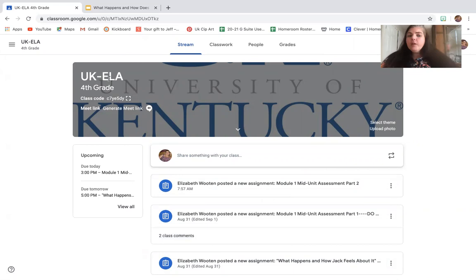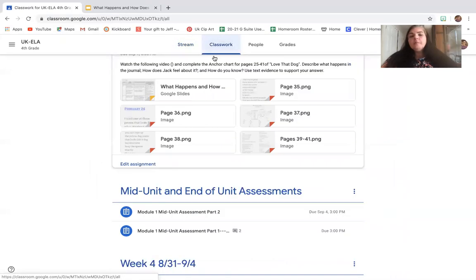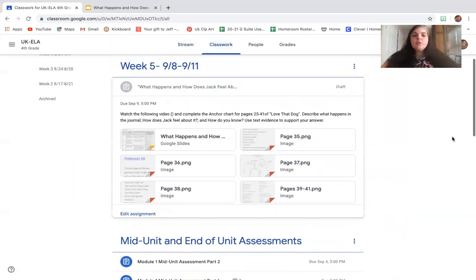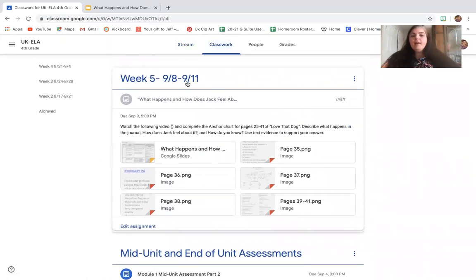So here is your ELA class. Now, you may not be UK, you may be LOC, Howard, Baylor. That's fine, but it needs to say ELA. What I would like for you to do is always click on classwork. All right. Here is week 5. Let me scroll up and show you. Week 5 is the topic.